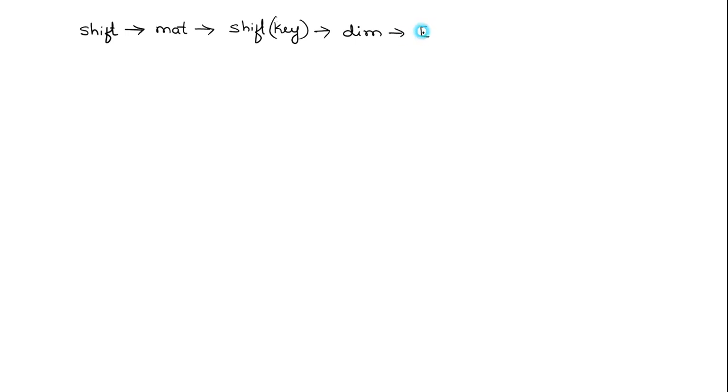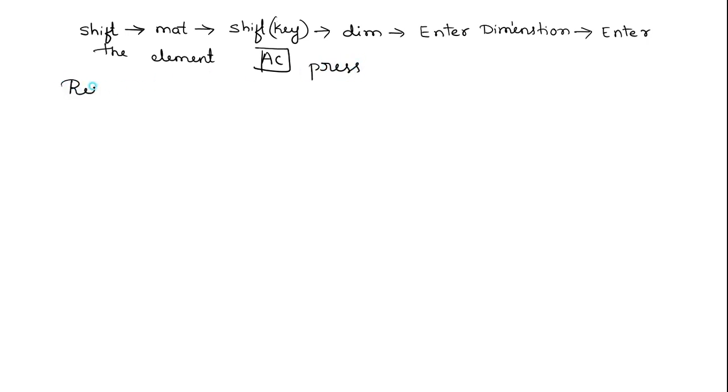In that, enter the dimensions of A. Enter the matrix dimensions and also enter the elements. Once the matrix A is entered, press AC. Repeat the same steps for matrix B.